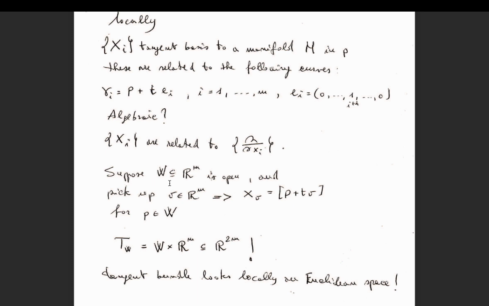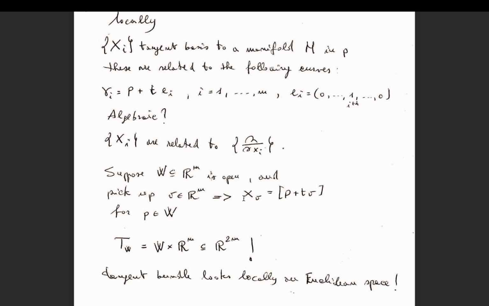Now, if we pick up a given point, let's say we have an open set W of R^m. If we pick up a vector v in R^m, then to this vector we can relate the curve p plus vt.